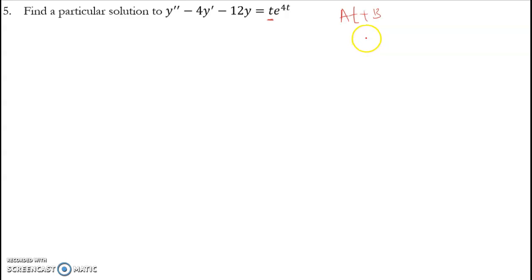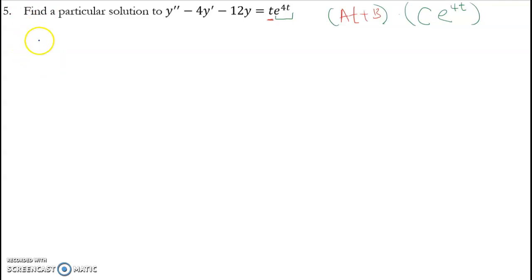And if I'm looking at this exponential part, then from the second problem or the third problem, I would guess it will have the format of c times e to the 4t. So which one is it? And the answer is both, actually. We're going to multiply these two, and we're going to call this our particular solution.